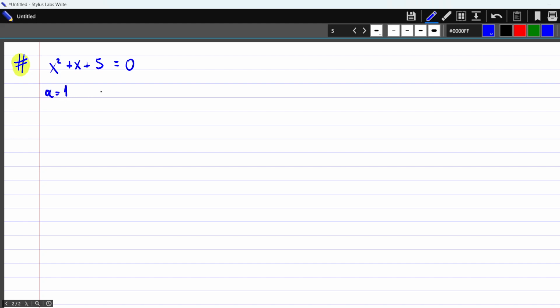a is 1, b is 1, c is 5, which means that delta is equal to 1 squared minus 4 times 1 times 5. I'm doing this a little faster because I hope you've got the whole idea by now, which is 1 minus 20, which is minus 19, which is negative.